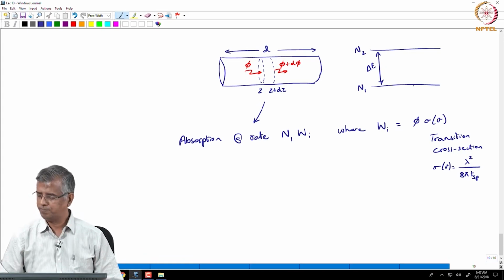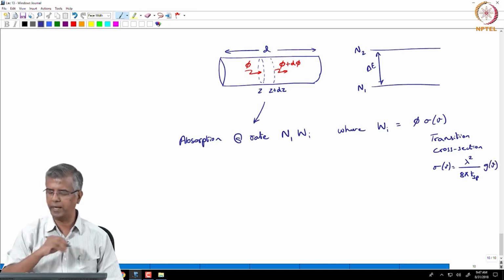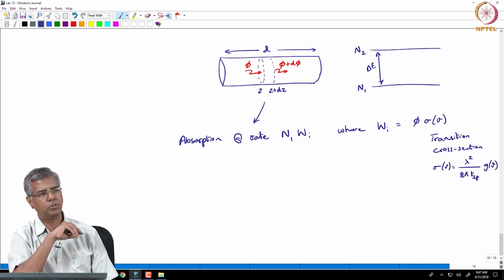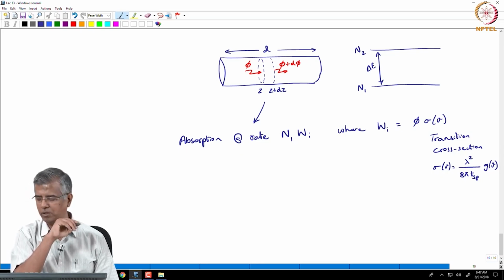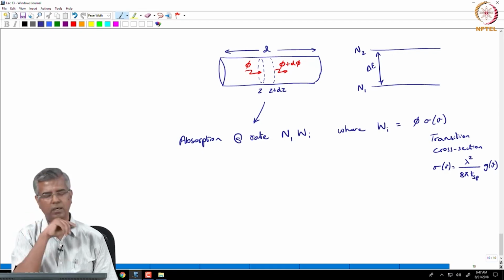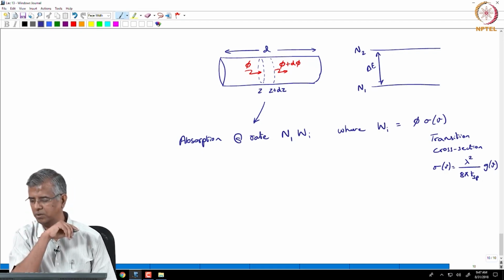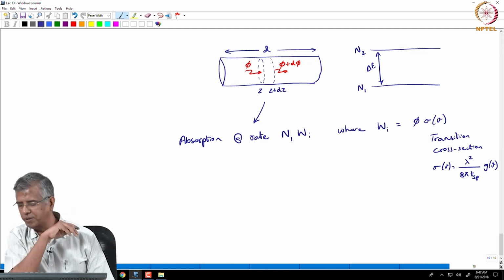Okay. So, sigma of nu can be different for different values of frequency, and to account for that we typically use a quantity which we call g of nu, the line shape function. Of course, g of nu equals 1 for this particular case, because we are just looking at a unitary transition, but g of nu can be normalized to 1 and can take different fractional values for different frequencies in general.